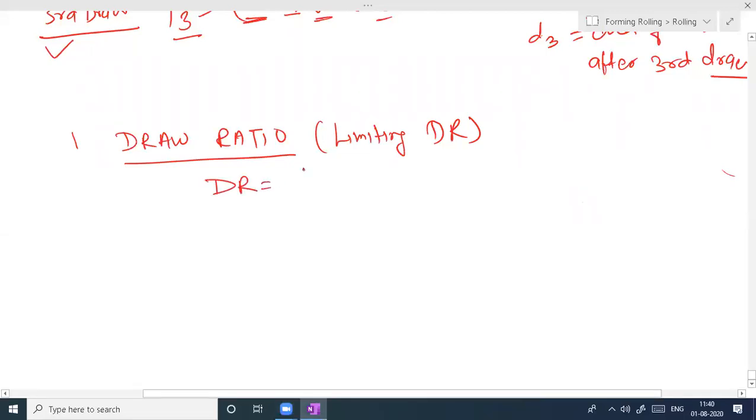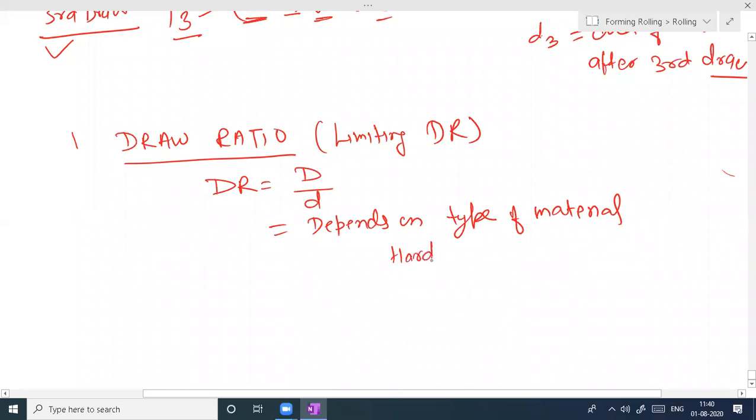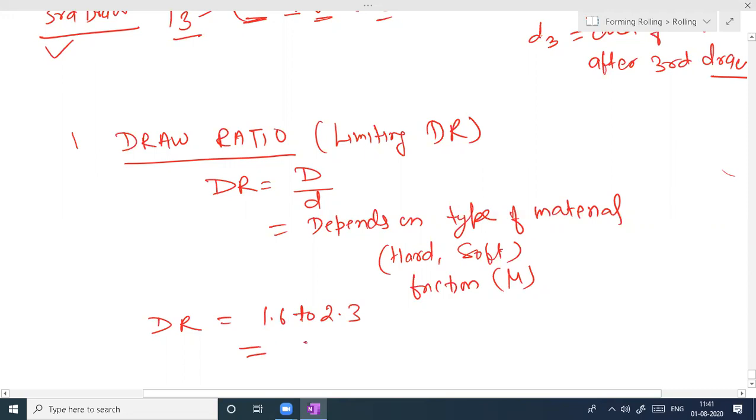It depends on the type of material, like hard or soft, and friction, that is mu, the coefficient of friction.